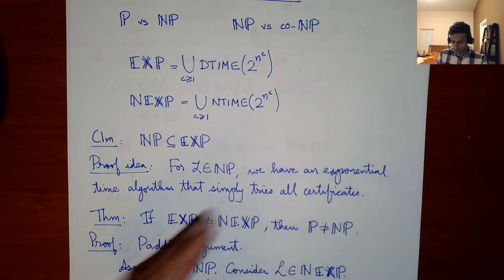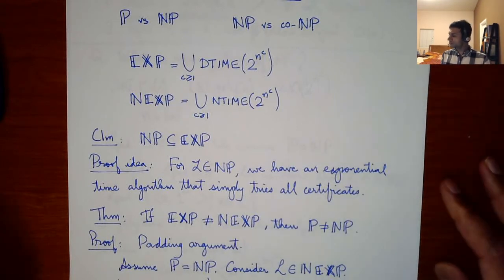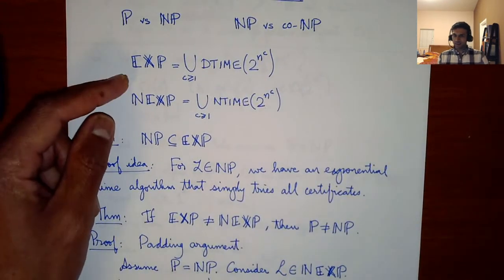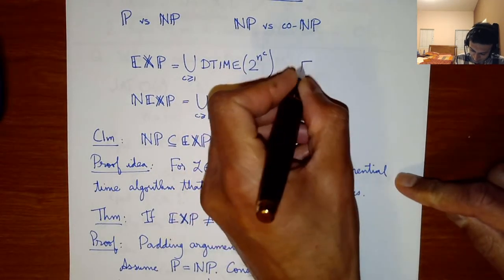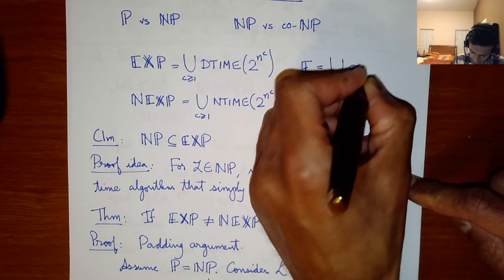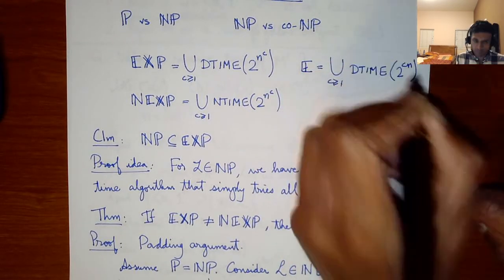Good question. So why do you do 2 to the n to the c and not just, essentially what you're saying is, do 2 to the O of c, like 2 to the c times n? Yeah, something like that. That class is referred to as E, which is the union over c greater than 1 of DTIME(2 to the cn).